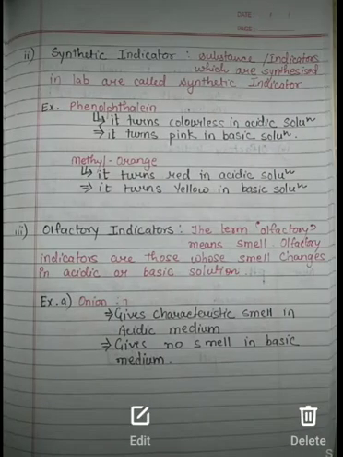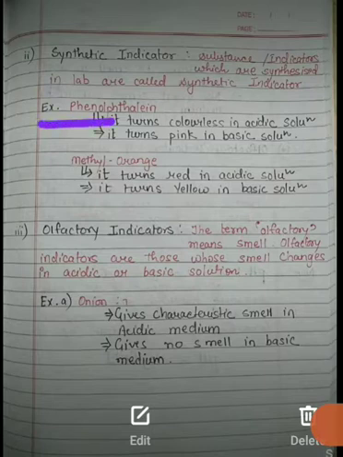Now let's talk about the second type, that is synthetic indicators. Synthetic indicators are substances which are synthesized in the lab. As the word says, synthetic, they are synthesized in labs, okay? Some examples of them are phenolphthalein and methyl orange. Let us see about them.